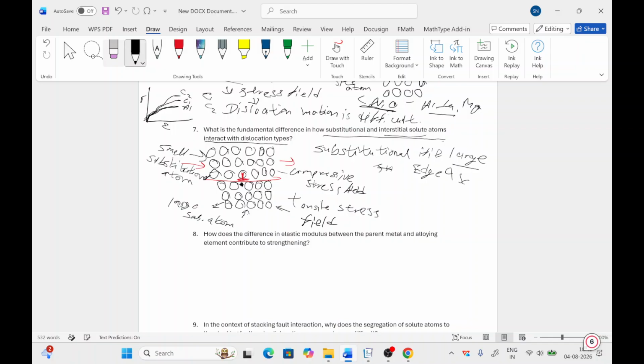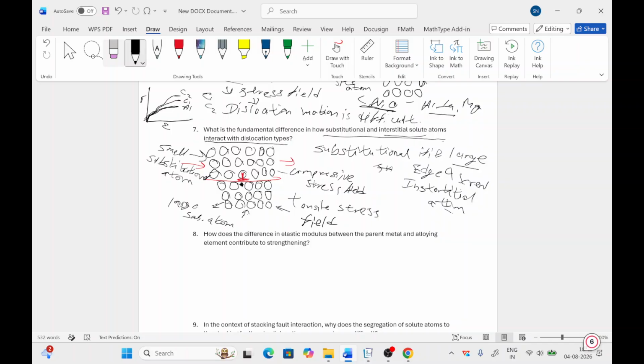The interstitial atom can interact with both edge and screw type dislocation, because the dislocation core exists for both.